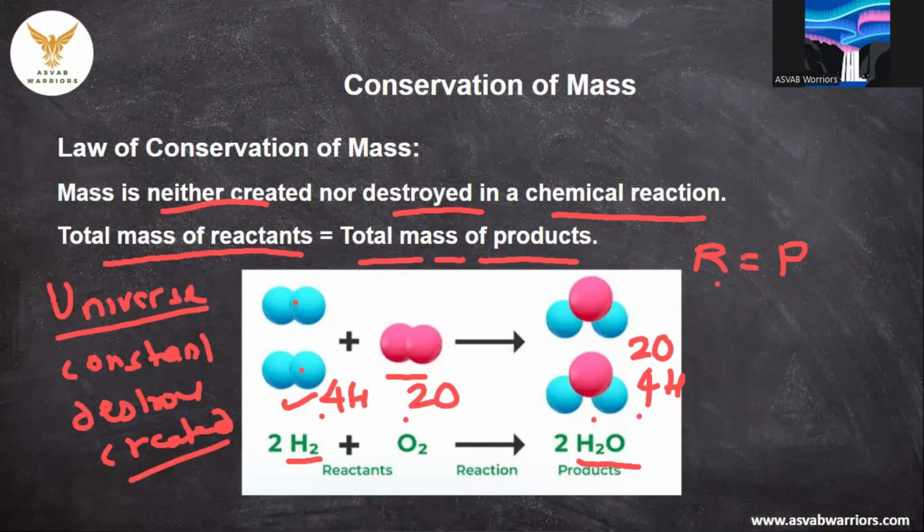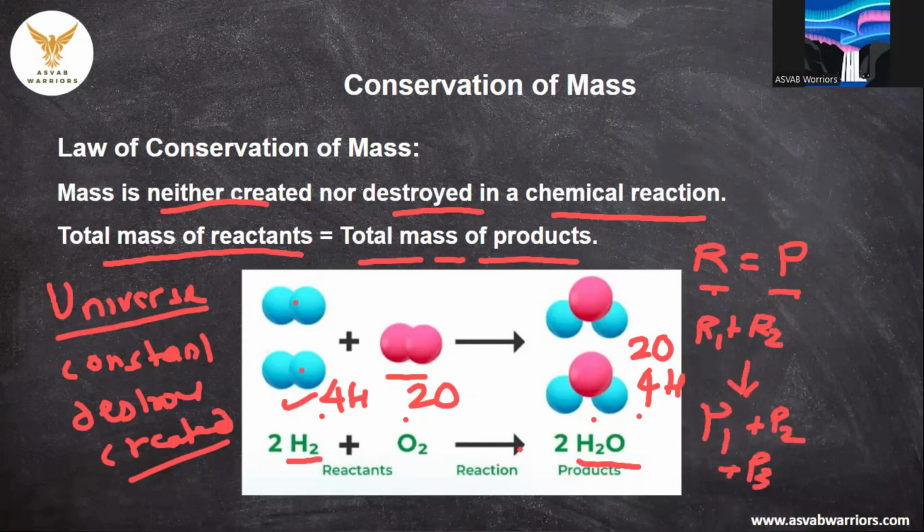So it is always the case that we should be balancing the chemical substances on both sides. Reactants are always equal to products. In a chemical reaction, you could be adding reactant 1 and reactant 2 to get product 1 and product 2 plus product 3.